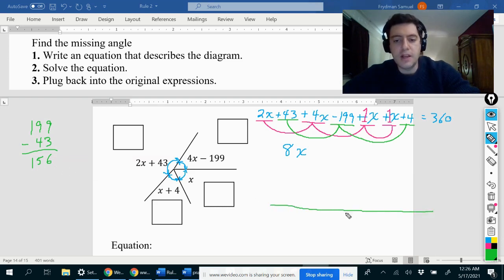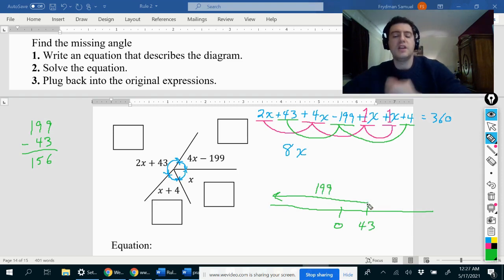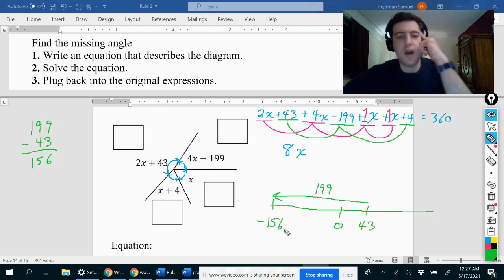Okay, think of a number line. If we start at positive 43 and subtract 199, so we go to the left 199 spaces, we would end up at negative 156, not positive 156. So this minus this is negative 156. Now we have to do negative 156 plus 4.